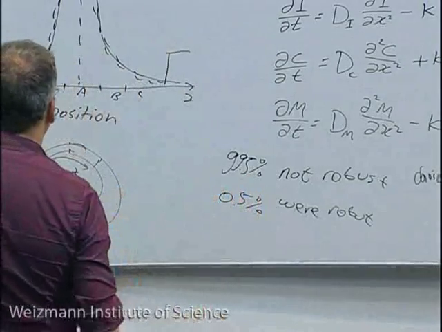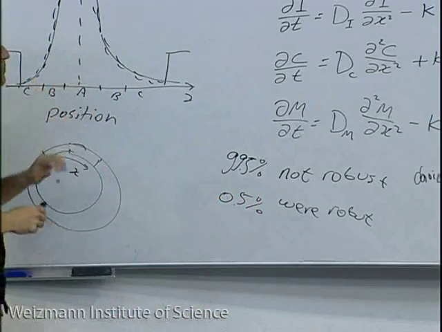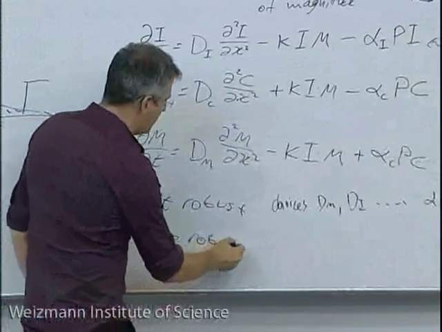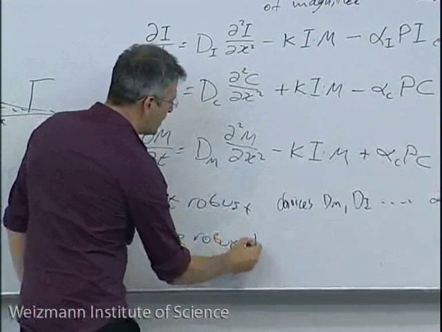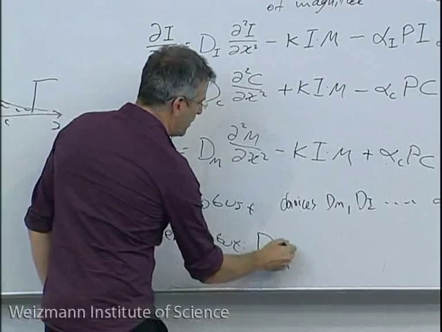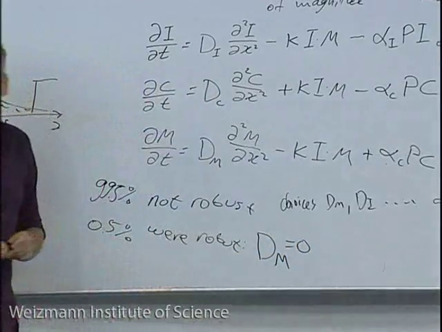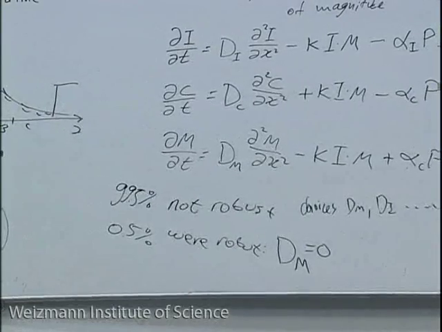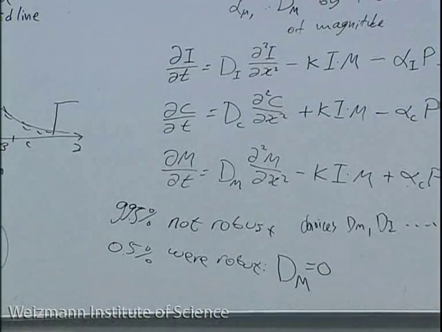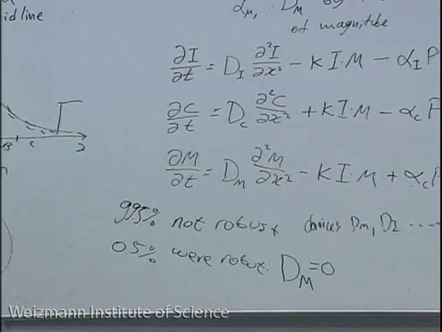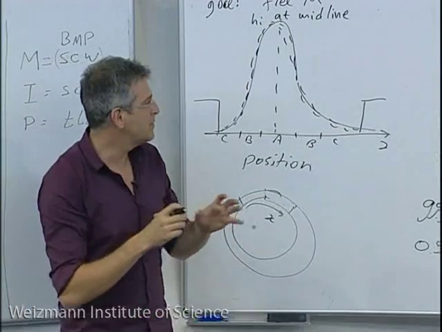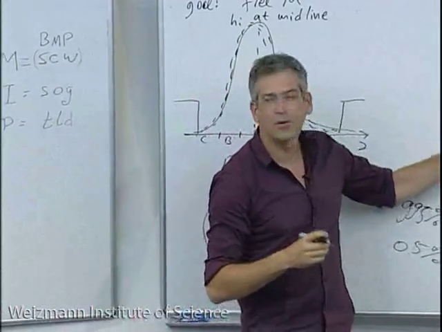And the robust models have two things in common. The free morphogen doesn't diffuse. I mean, in all the robust models, the diffusion constant of the free morphogen is very small compared to all the other diffusion constants. So that means that the free morphogen is kind of sticky. It only diffuses when it's bound to the inhibitor.